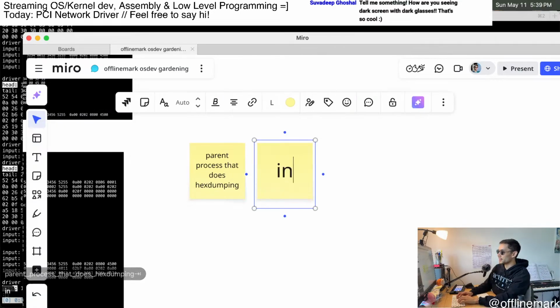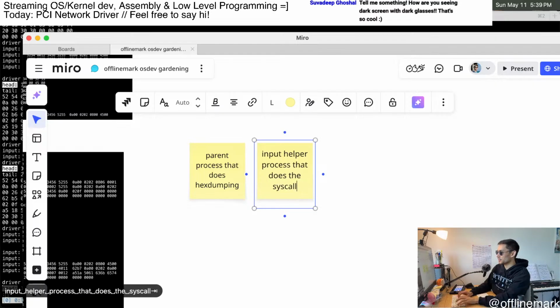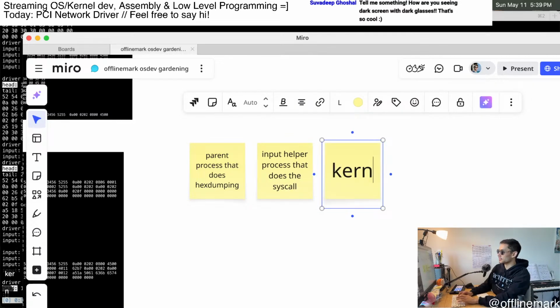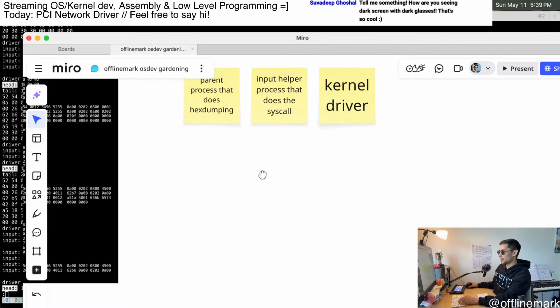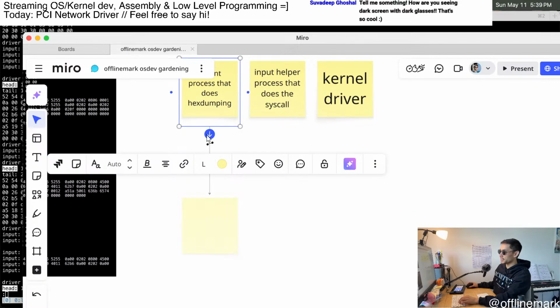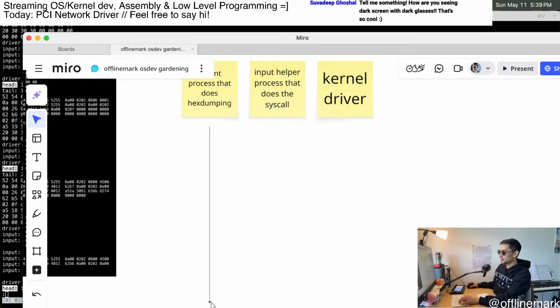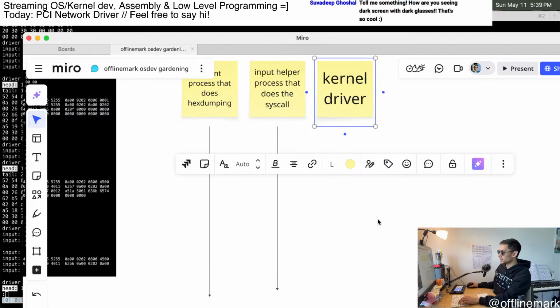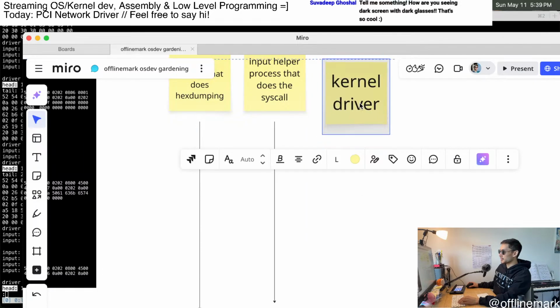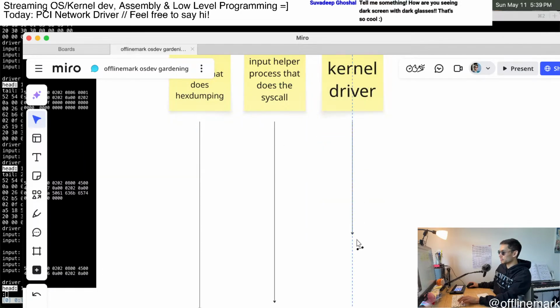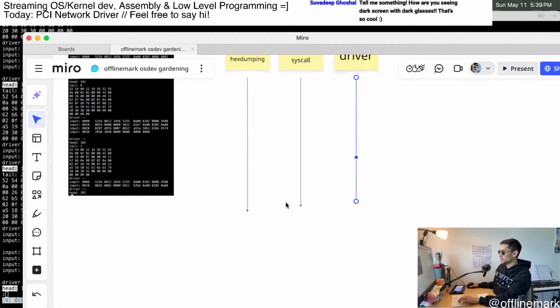We have the input helper process that does the syscall, and we have the kernel driver. So these are conceptually three concurrent processes, except not really, because the kernel driver happens synchronously. But I'm going to give it its own lane just because. Can I make these longer?